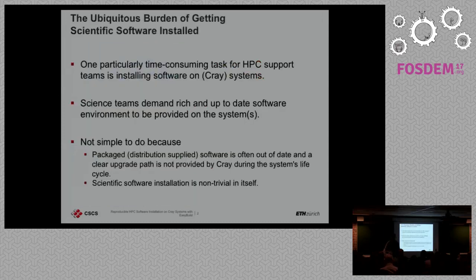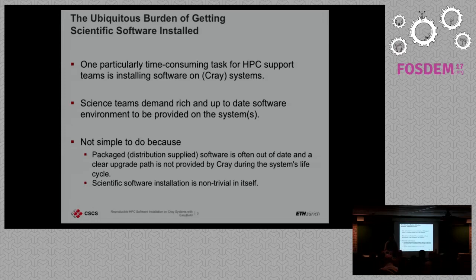So the problem of building HPC software on HPC, as I already mentioned, is known to you. We had the same problem on Cray systems because we have many requests from users, and they have requirements of software that depend on specific versions. So you cannot just do apt-get install on the software that they need.